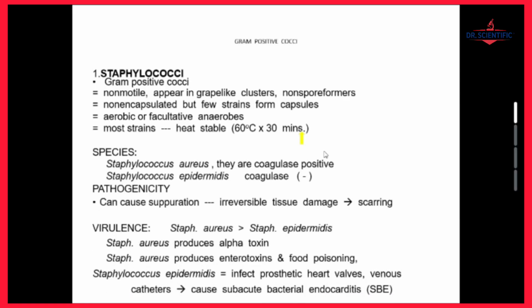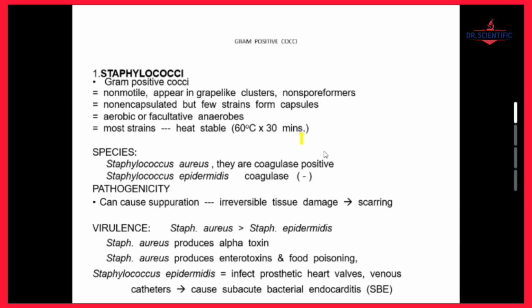Staphylococci is a genus. It has several species. The most important species under this Staphylococcus is Staphylococcus aureus. We say they are coagulase positive.